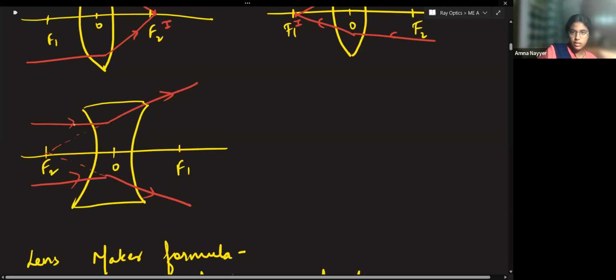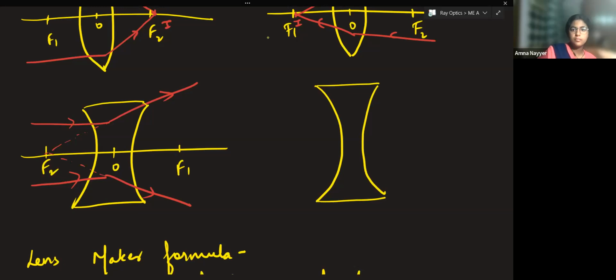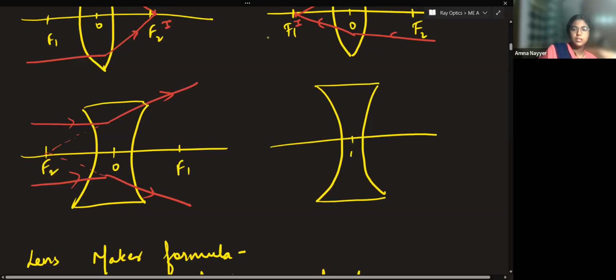Or you can take the example, this is your lens, F2, F1.